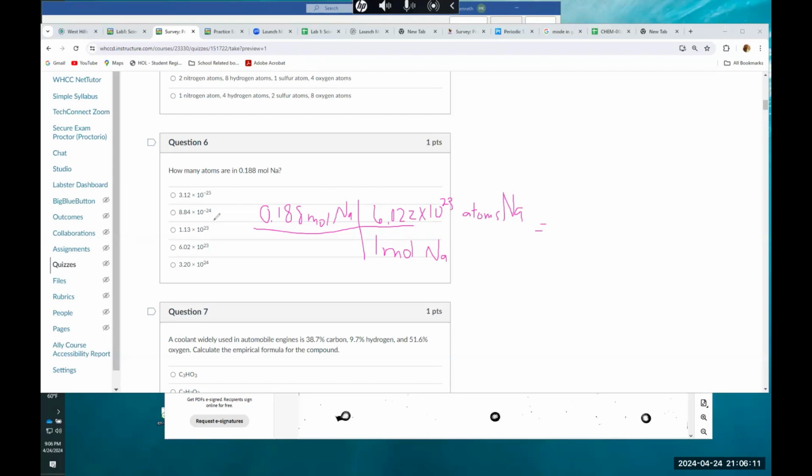We got 3 numbers, so it's 1.13 times 10 to the power 23. Okay. That's correct. Number 7.